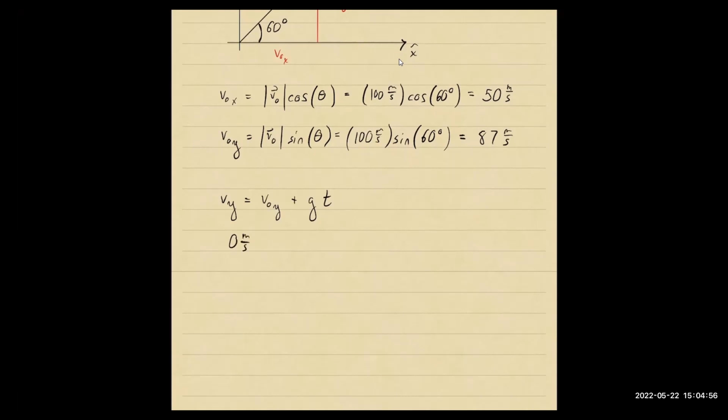I'll explain a little bit more about that. On the right-hand side, we have our initial velocity in the y direction, so it's about 87 meters per second, plus the acceleration in the y direction, which is just g. So it's going to be minus 9.8 meters per second squared times time.